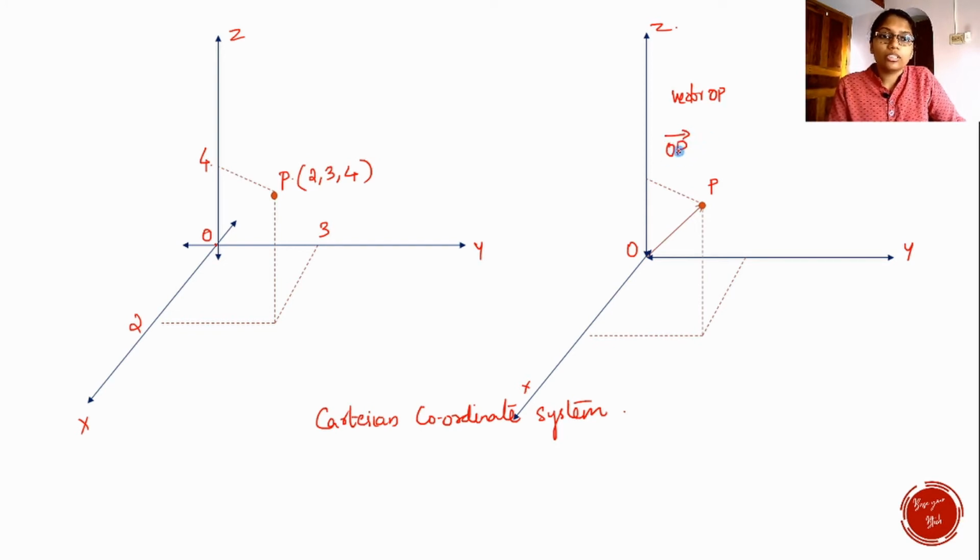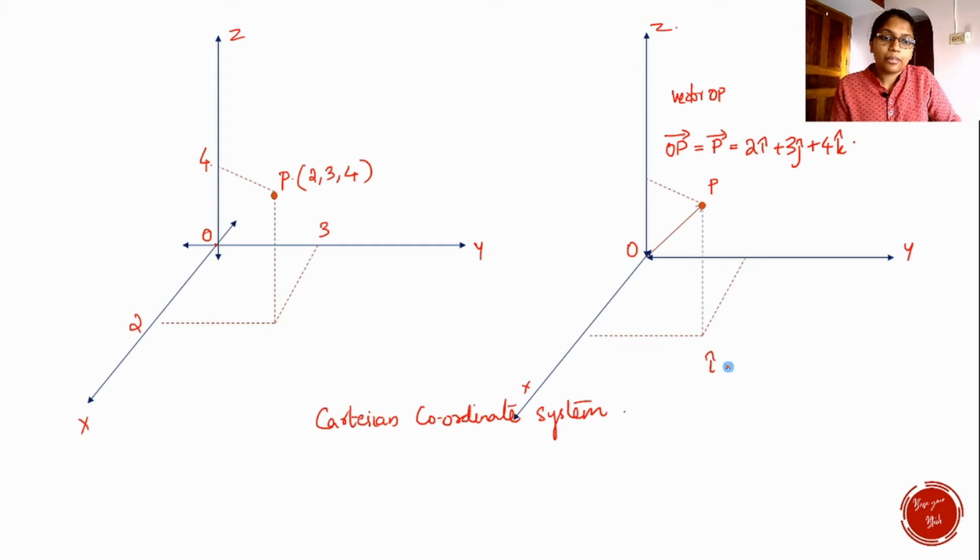So this is vector OP, which can even be written simply as vector P equal to 2i cap plus 3j cap plus 4k cap. Actually this i cap, j cap, k cap represents the direction. See, 2 units along the x direction, 3 units along the y direction and 4 units along the z direction. So it is simply 2i cap plus 3j cap plus 4k cap.